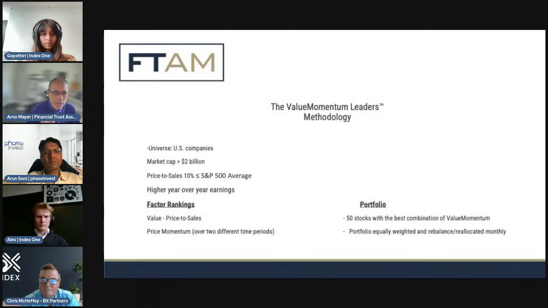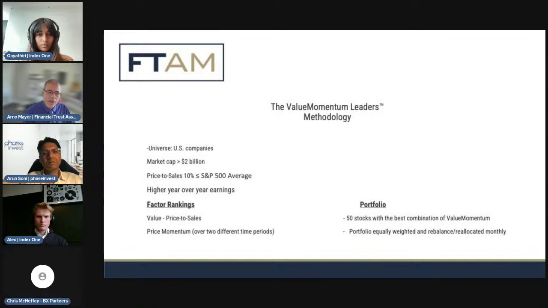So the Value Momentum Leaders methodology starts first with a little bit of a screening process before we get to the factor ranking process. We're investing only in U.S. companies. We have to have a market cap greater than $2 billion, so it can literally focus on all market cap segments.